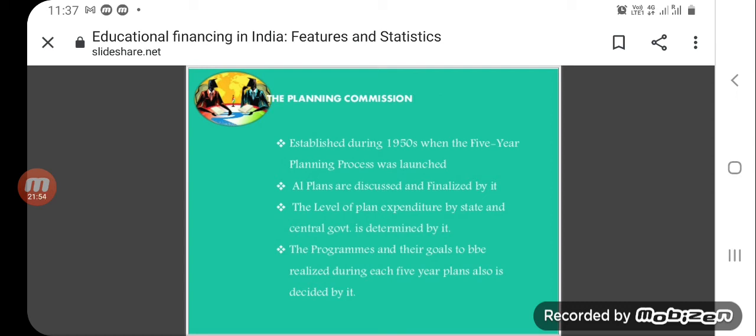So as a part of this 5-year plans in 1950s, this planning commission was launched. And all the plans and such things were discussed and finalized by this planning commission during those times. See, we told about plan expenditure. The plan expenditure was controlled by this planning commission.